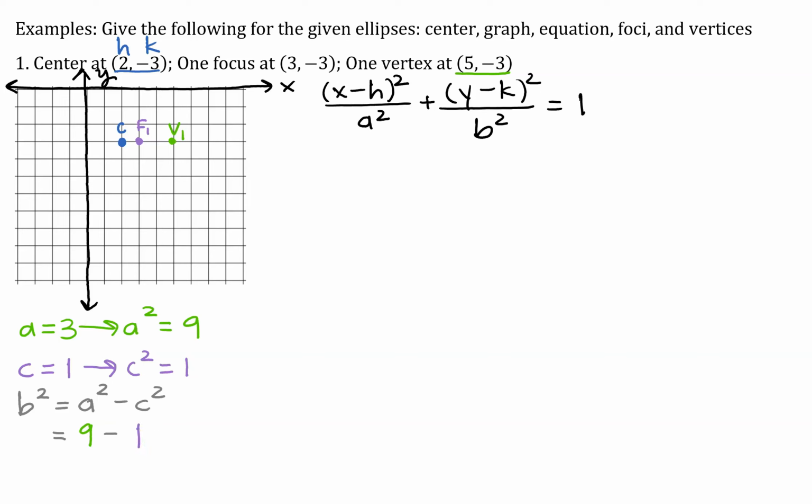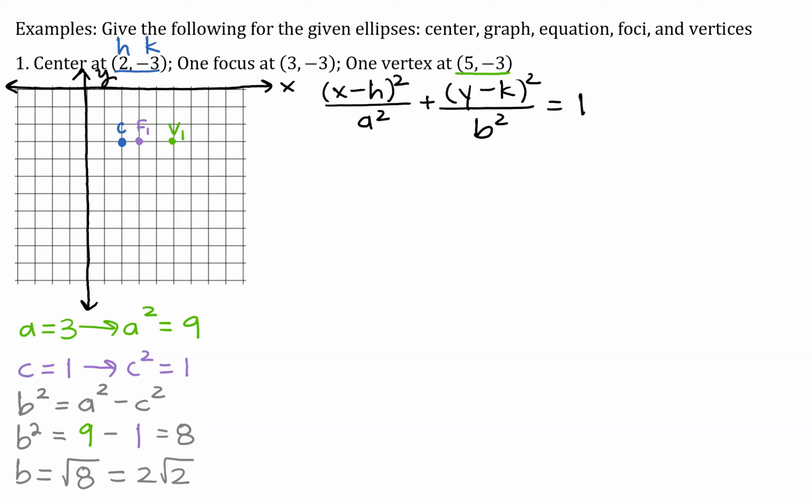That's the value for little c squared, to see that little b squared is equal to 8. So the value of our lowercase b is the square root of 8, which is equal to 2√2. B is always a positive number, so I don't need to worry about plus or minus when I take the square root. A, B, and C are always positive numbers.